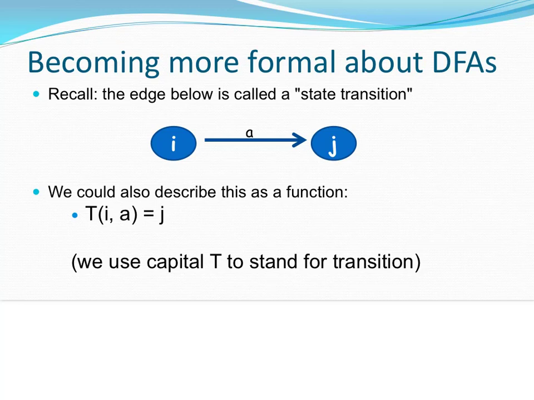If I'm at state I, and I see the symbol A, the transition starting at state I on the symbol A is that you end up at state J. And we're going to use this capital T to stand for transition, or our transition function.